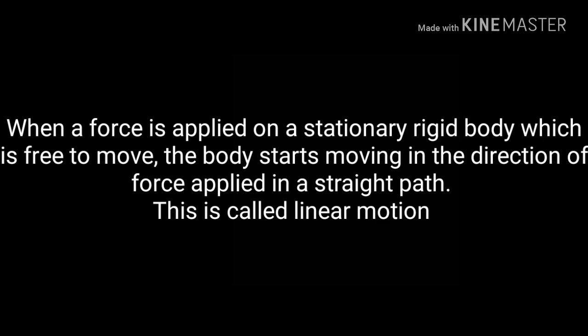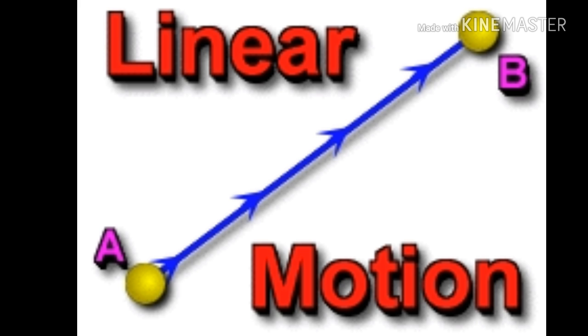Hence this is called linear, rectilinear or translational motion. Suppose you take a ball lying still on the floor and apply a force on it, and it starts to move in a single dimension. That is known as linear or translational motion. This is a simple example.